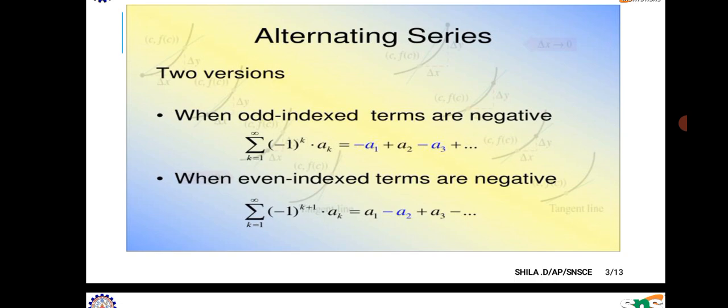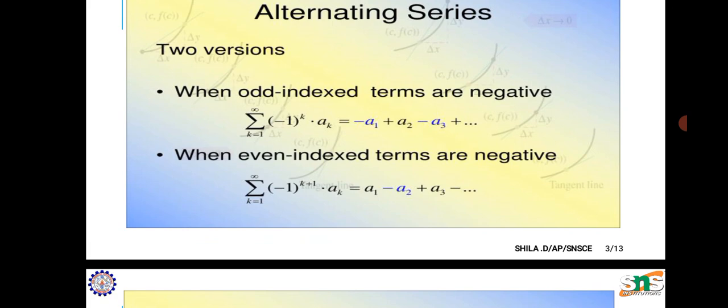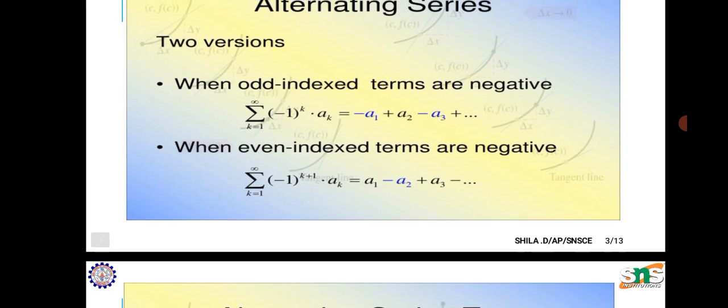The first type of series is the alternating series. An alternating series is nothing but positive and negative terms. When you write plus 1 minus 2 plus 3 minus 3, it becomes alternating. When it starts with minus, you call it odd indexed or negative.